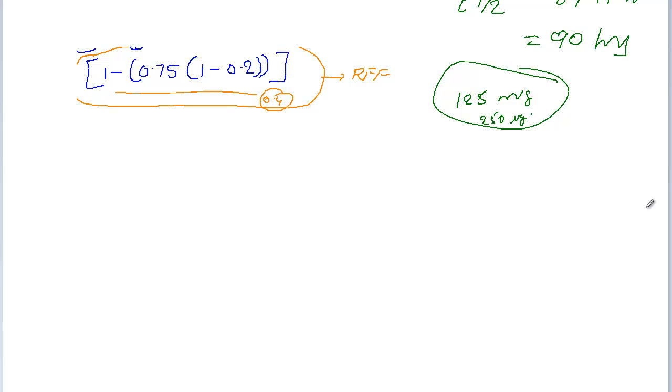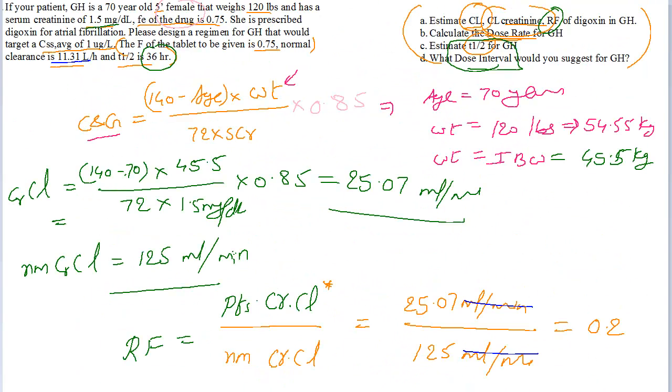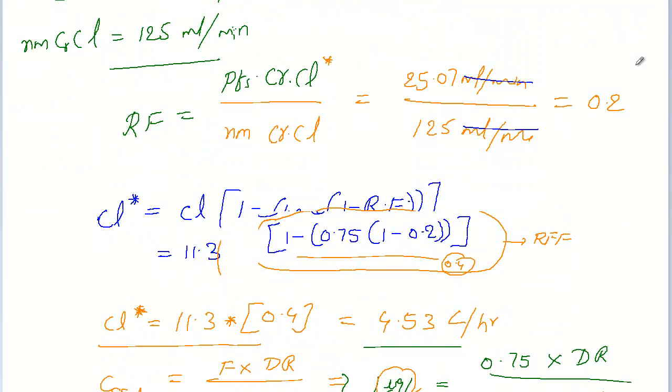Let's leave aside the numerical values and find out why there is a decreased clearance. Obviously, digoxin is cleared renally, and from the renal function information, the renal function is 0.2. That means only 20% of the nephrons are working effectively in this patient.